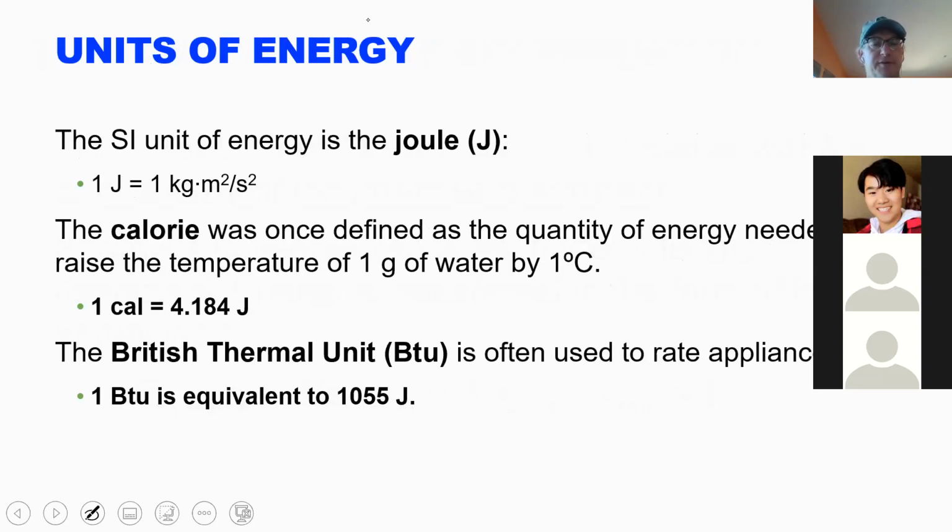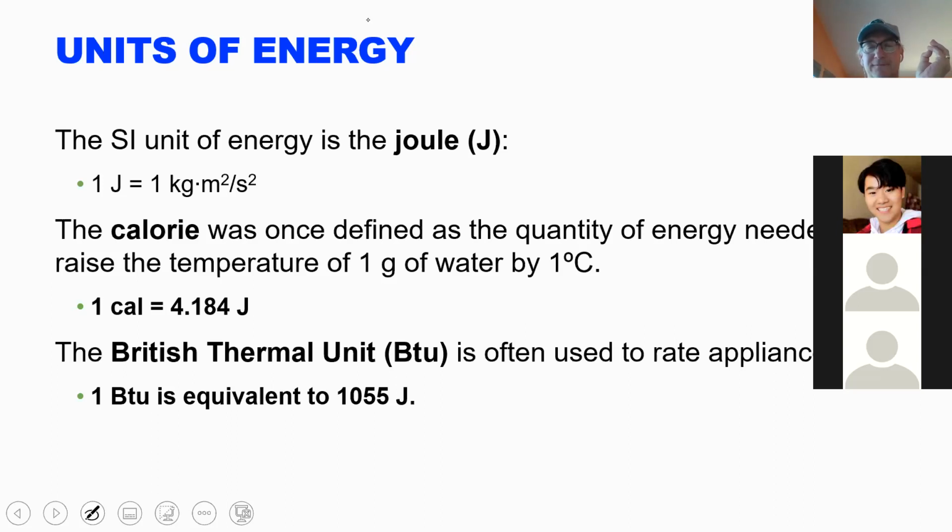So we're familiar now that the main unit of energy in the metric system is the joule. And we used to use the calorie, which is the quantity of energy needed to raise the temperature of 1 gram of water by 1 degree. So that number there should look kind of familiar. Anyone recognize that number, 4.184?